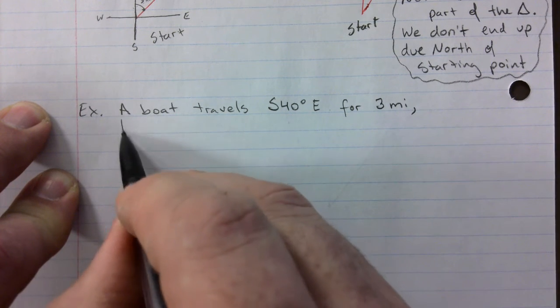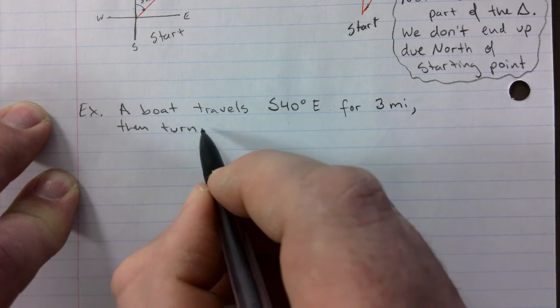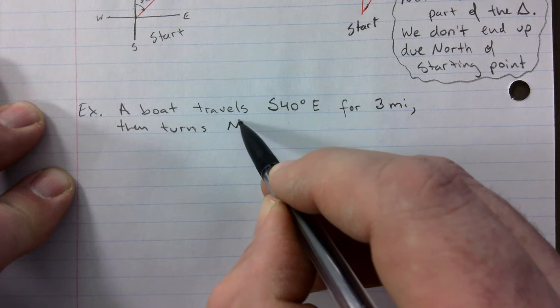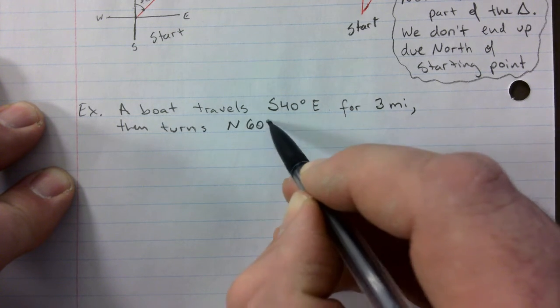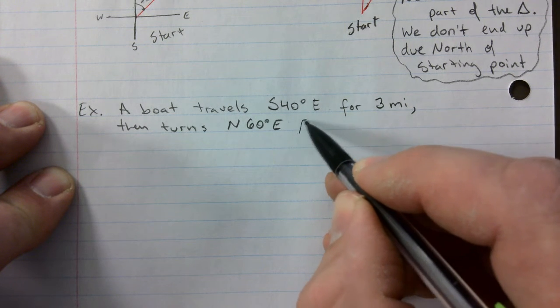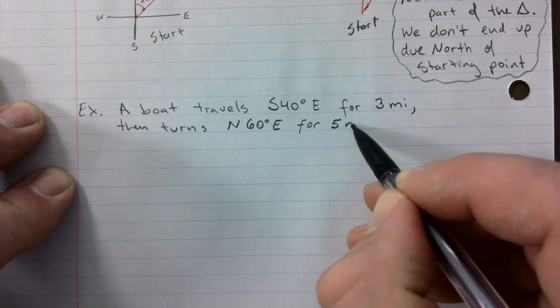Then turns north 60 degrees east for 5 miles.